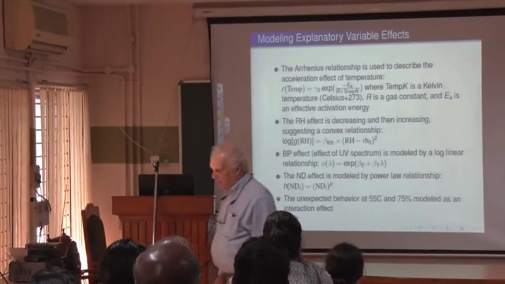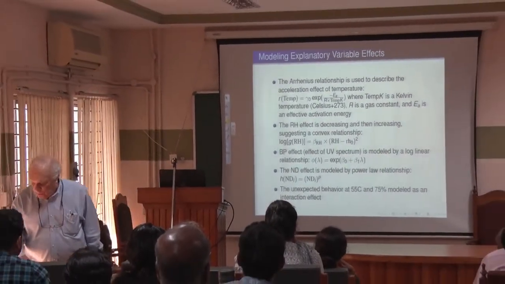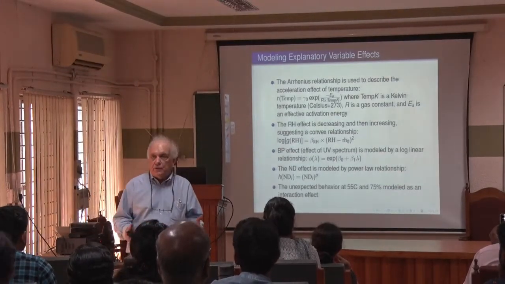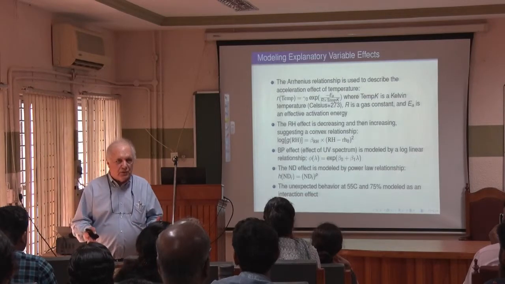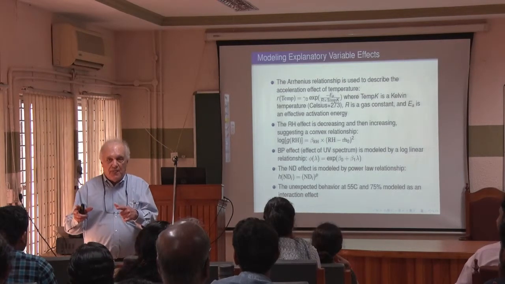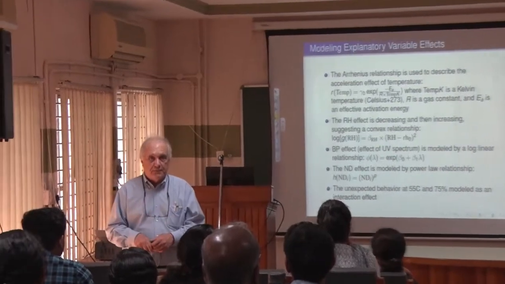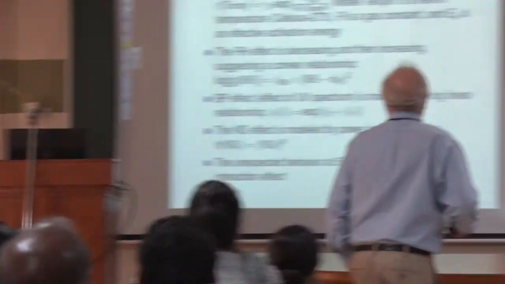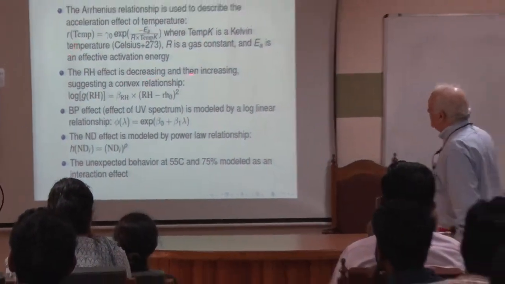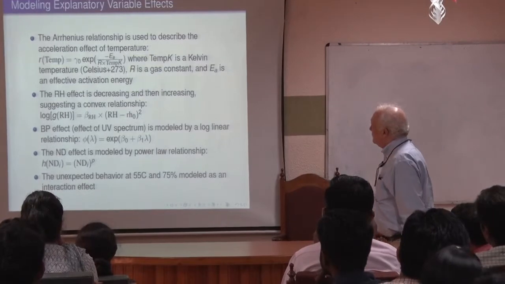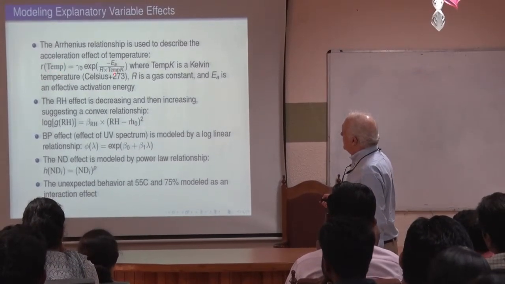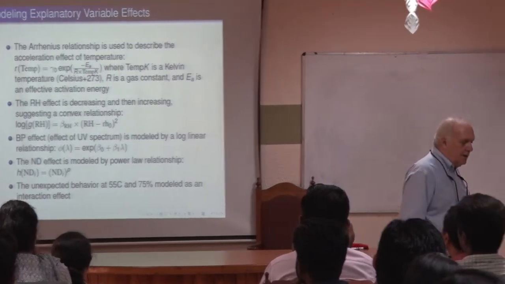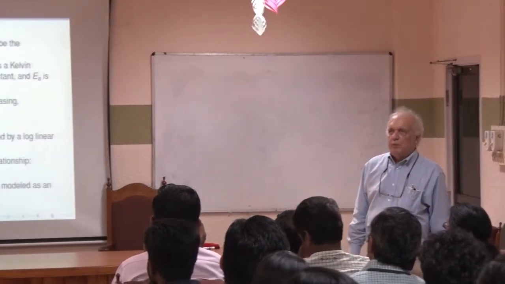Svante Arrhenius was a Swedish chemist who in the late 1800s did a lot of scientific work to study reaction rate and how it is affected by temperature. And he came up with this relationship here, which basically says that the log of the rate is linear in reciprocal Kelvin.